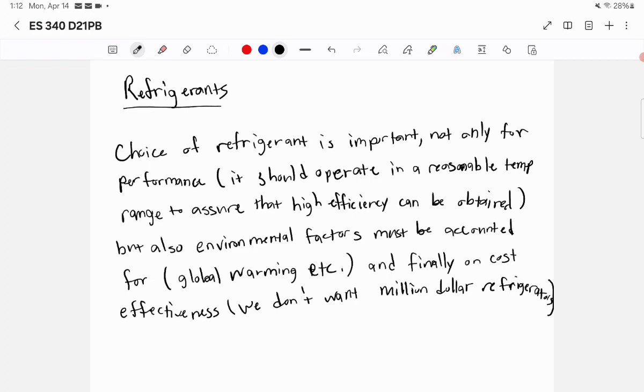And maybe that's an argument for trying to move away from refrigerants and into something that doesn't require a refrigerant at all, because obviously if we could get similar efficiencies in systems that don't require a working fluid, that would be an amazing advancement for society.